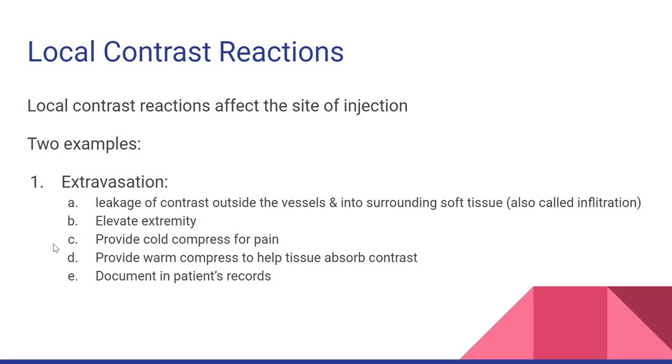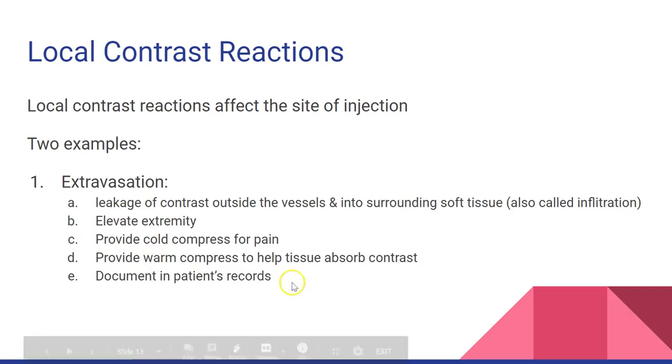Always document this in the patient's records. Oftentimes, the radiologist will want to know how much contrast you think the patient got before you had extravasation. So just be mindful and try to guesstimate that if you can, and document everything, including your response in the patient's records.